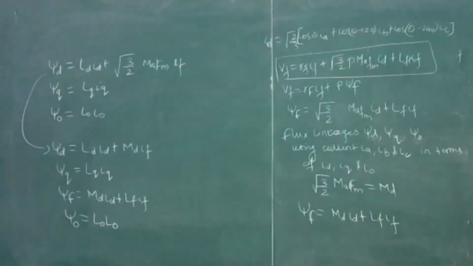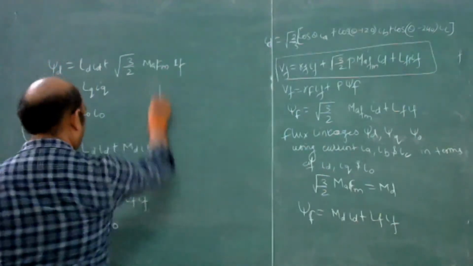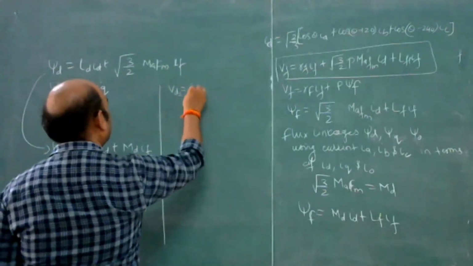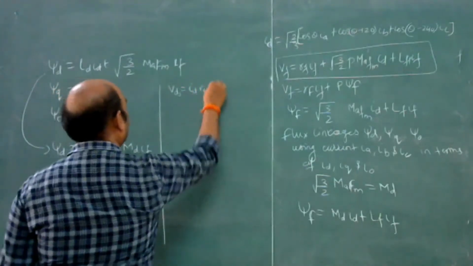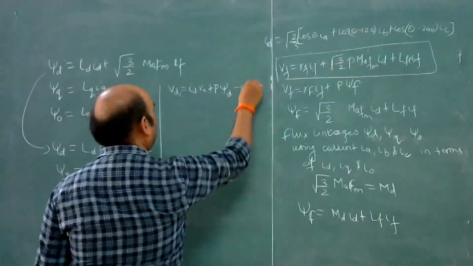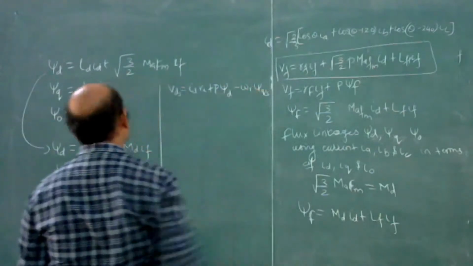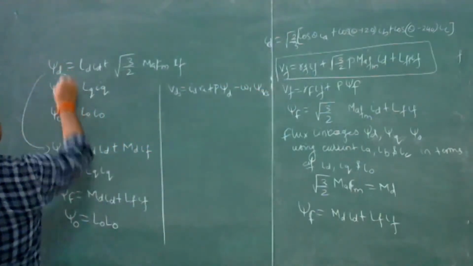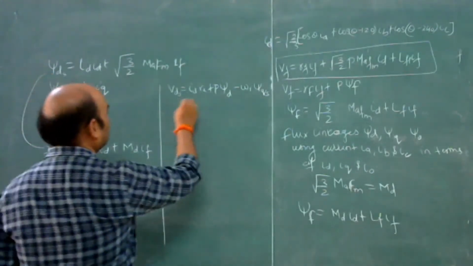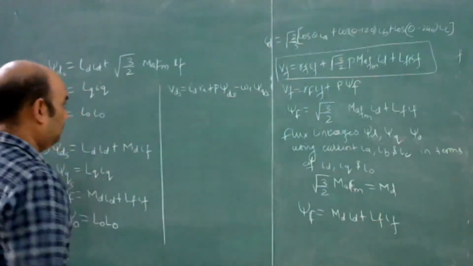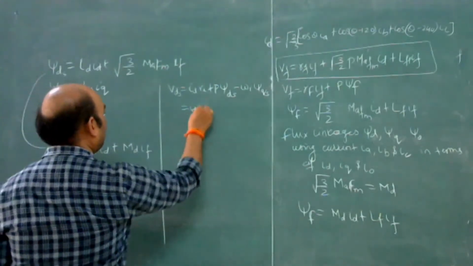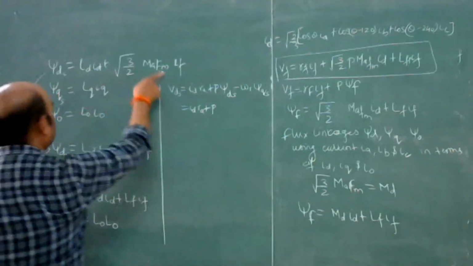So now we will substitute these values in the equation for VD. VDS is equal to ID into RA plus P psi D minus omega R into psi Q. So here, this will be ID into RA plus P times psi D, which is this much.